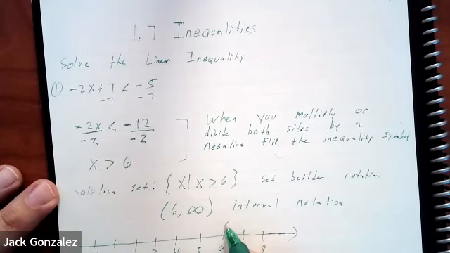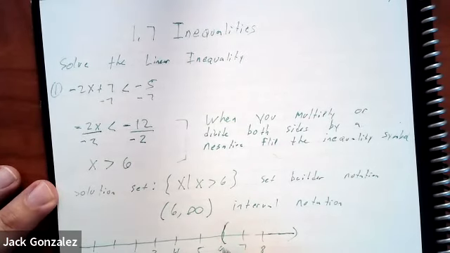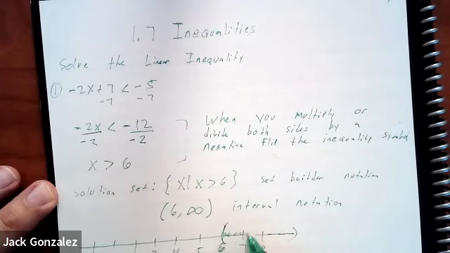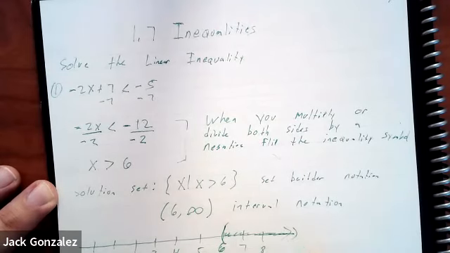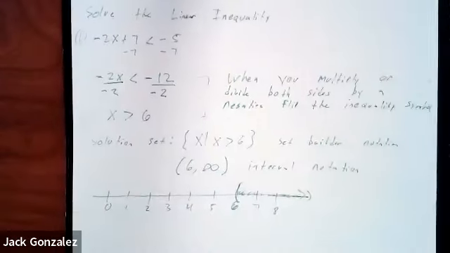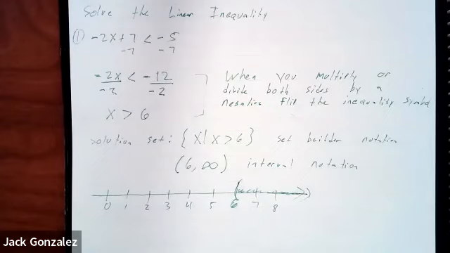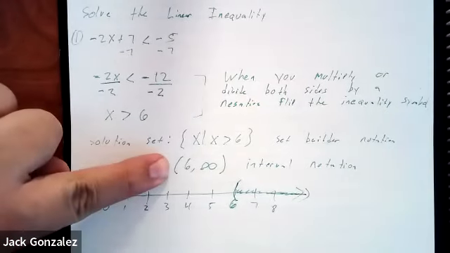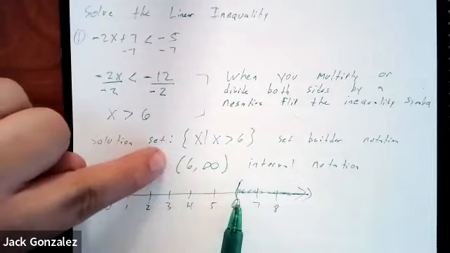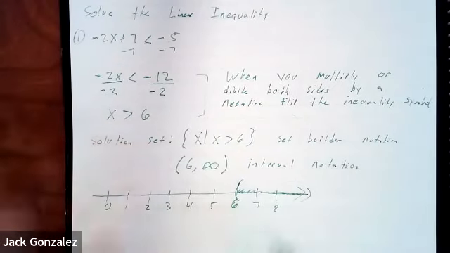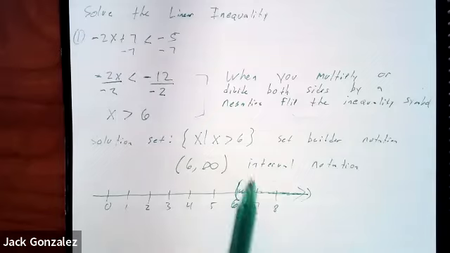You would put a parenthesis right here, and just shade this side and put an arrow going forever. Which is basically what this is. So this will mirror this. Anyway, is that clear? Do you see why it's this way?